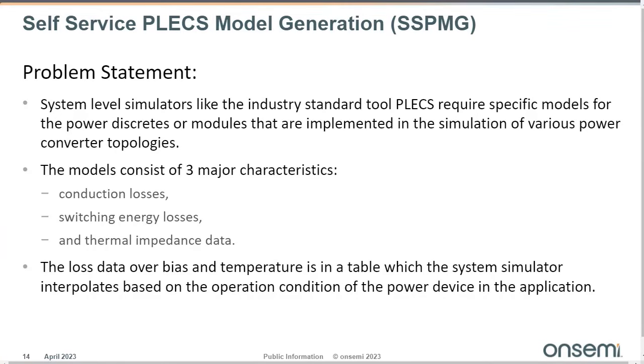To obtain a point, the simulator will either interpolate or extrapolate in this table to get the point in the middle and get the value that it will use for the simulation.